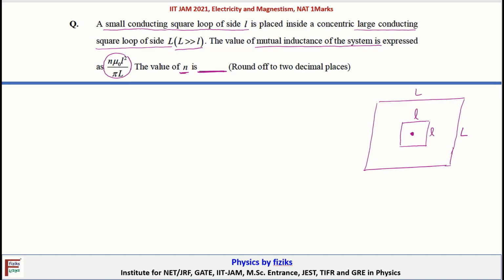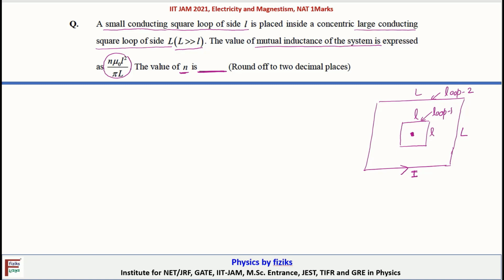Let us assume this is loop 1 and this is loop 2, and assume current I is flowing in loop 2, and then we have to first find the magnetic field at the center of the square loop.